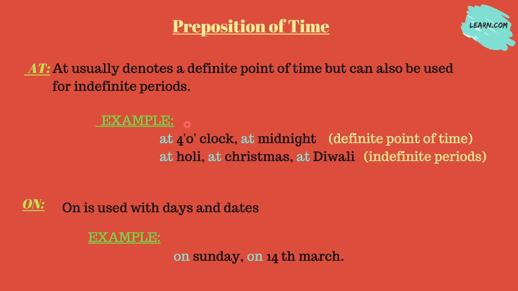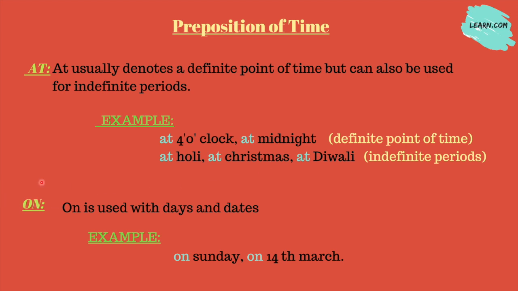In this way, we have seen how at is used in reference to time as a preposition. Once again, it denotes a definite point of time, but can also be used for indefinite periods. When the time is fixed or definite, we use at, but it is also used for indefinite periods.